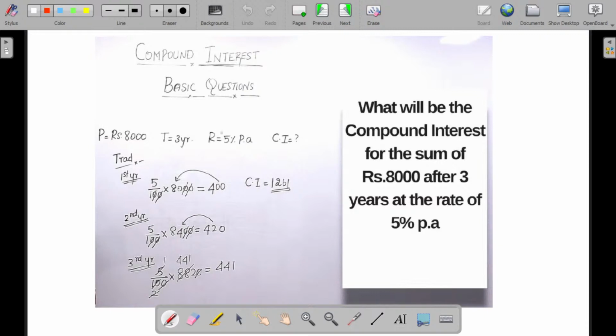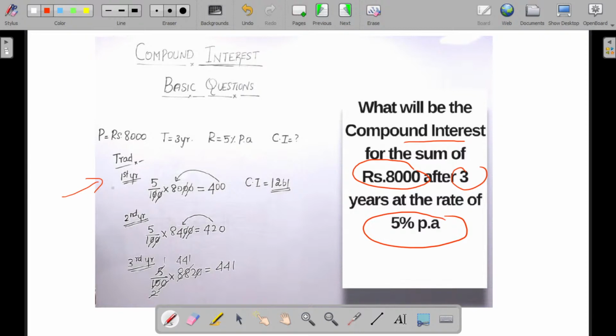So here a simple problem. What will be the compound interest for the sum of 8,000 for a 3-year duration at the rate of 5% per annum? It's a very traditional method.